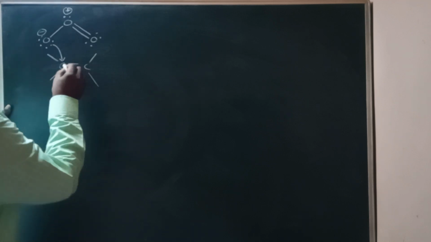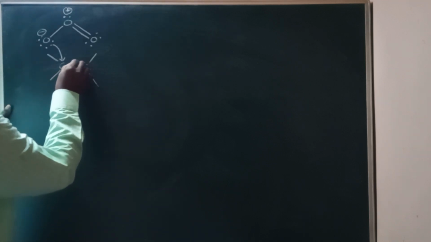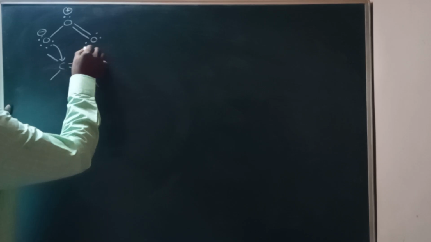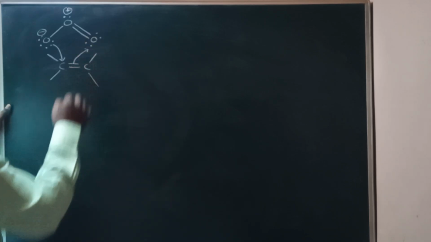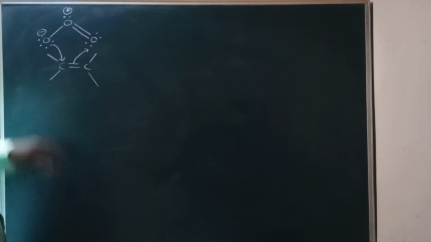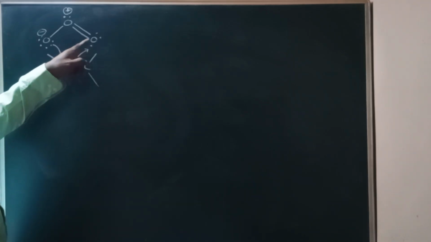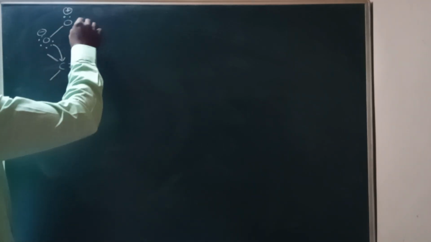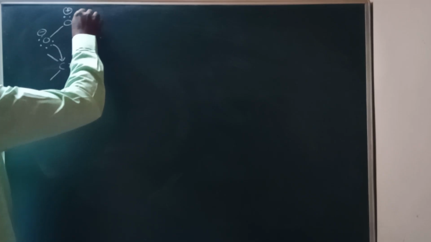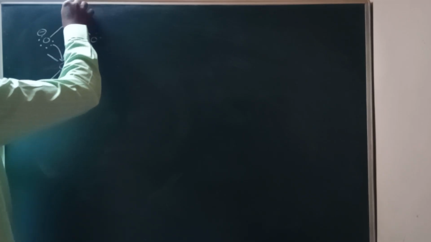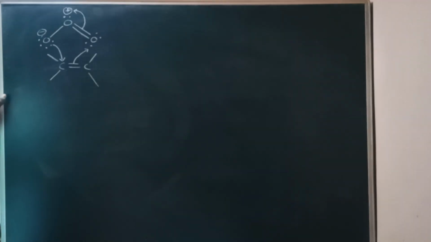So at the same time, here what happens? This pi electron pair is given to this oxygen atom, so that here is a formation of a bond between this carbon and oxygen. But again, the valence of this O becomes 3. So therefore, at the same time, this pi electron pair is shifted onto that oxygen, utilizing its positive charge.